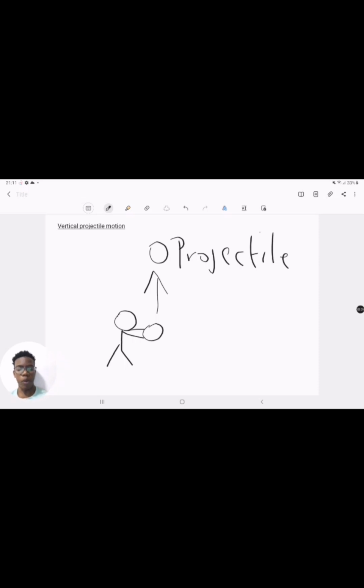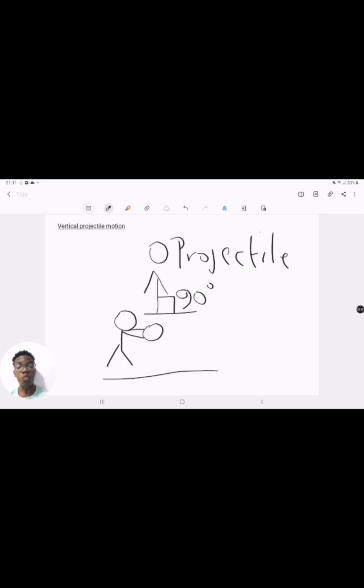So this ball in this instance is the object and it has been thrown, so therefore it is the projectile. And the direction that it has been thrown in is the vertical direction. It's been thrown up, perpendicular to the horizontal, at 90 degrees to the horizontal.